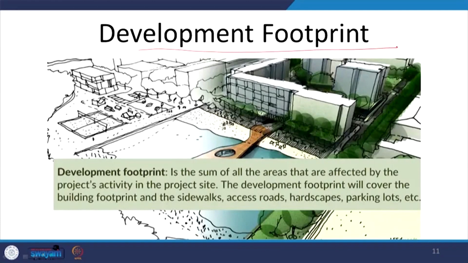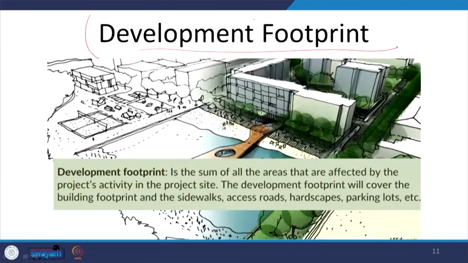When we are talking about limiting the construction, we are also talking about development footprint. It is not just the total building area which is being developed, it is the overall site which is being developed. Many a times even though the building footprint is small, the development footprint is quite large.